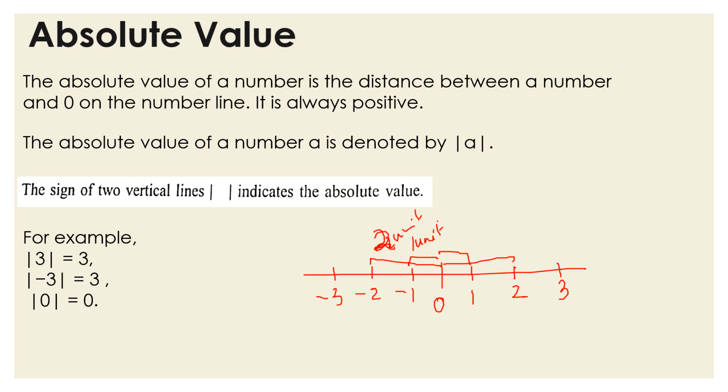So it will always be positive. Now see, if this is minus 2, these two vertical lines indicate the absolute value. These two vertical lines are the main thing here, and once these vertical lines are removed, it becomes positive 2. So absolute value is always positive.